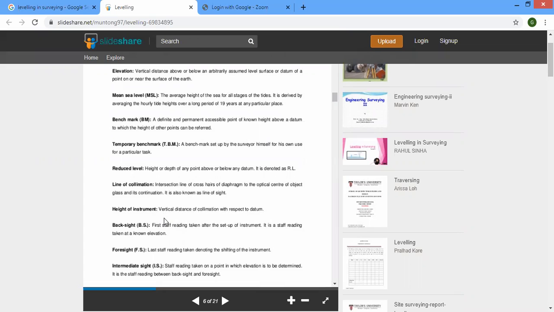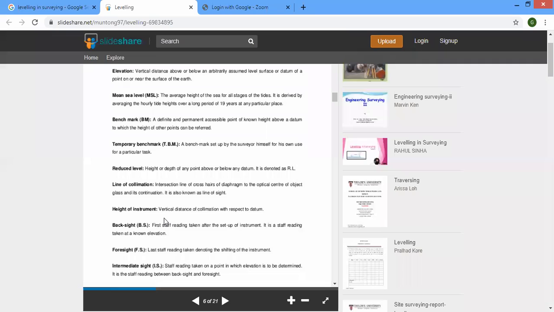Reduced level is the level of the point with respect to the datum. Whether that point is above or below the assumed datum or the permanent datum, we will call it reduced level, RL.